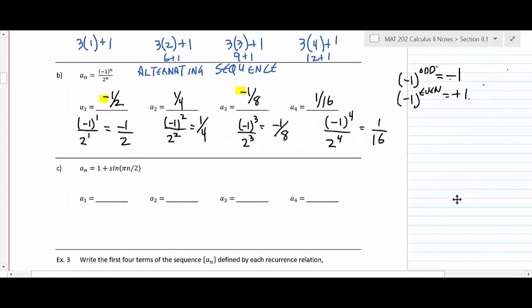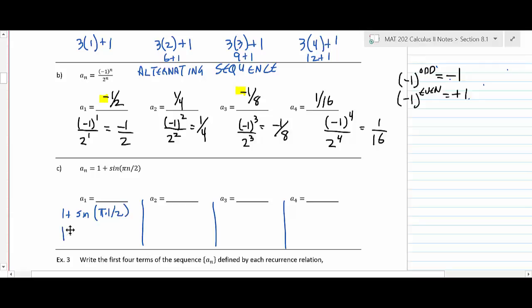Now we can also deal with trig functions and all kinds of things. So let's work with one with a trig function in it for a few minutes. The first one you've got is 1 plus the sine of pi times 1 over 2.